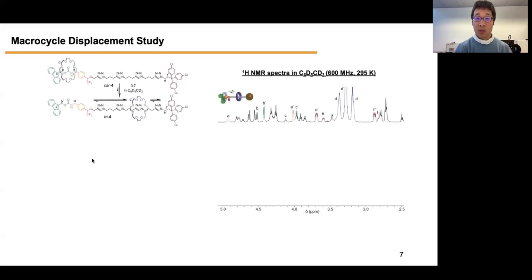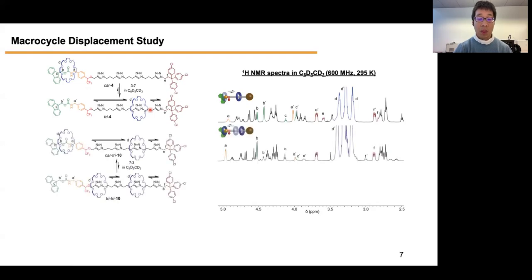And the next step is macrocycle displacement. For studying this, we simply dissolved this interlocked species in some solvent and let it equilibrate. When we equilibrated this species with one macrocycle, the distribution between this structure and this structure was 3 to 7. So it favors the macrocycle on this catchment thread. So that was good.